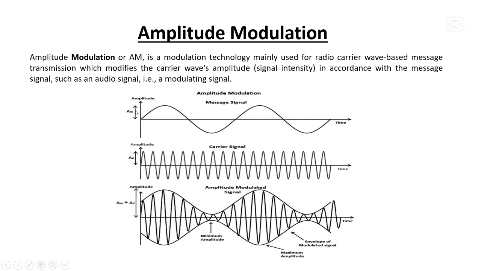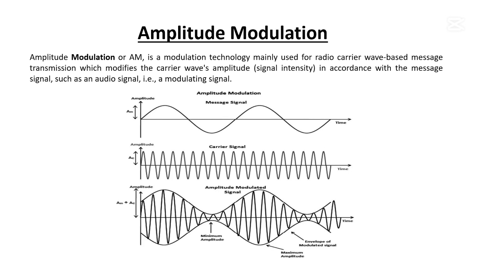What is happening here? Suppose this one is our message signal, and if we talk about the real world, the message signal varies from maybe 500 hertz to 3500 hertz or 4000 hertz. So in the real world the speech signal which we actually have varies from 500 hertz to 3500 hertz.